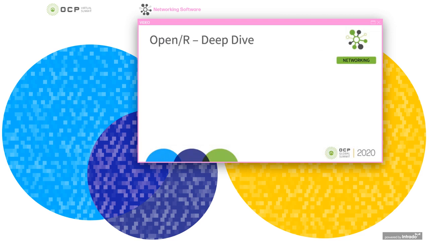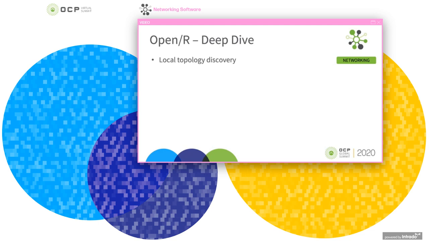Now let's take a look deep into OpenR. At its core, OpenR offers IGP routing protocol functionalities. So the question is, what makes up a routing protocol? Number one, a routing protocol first needs to discover who its local peers are.